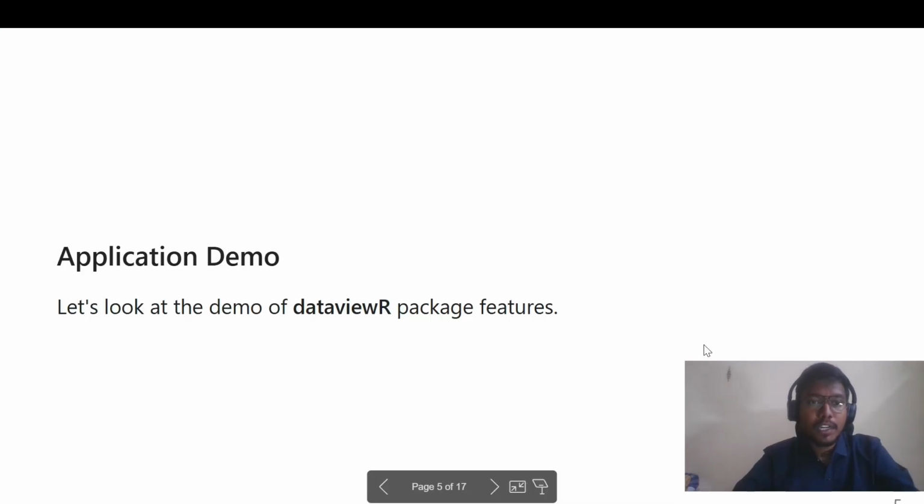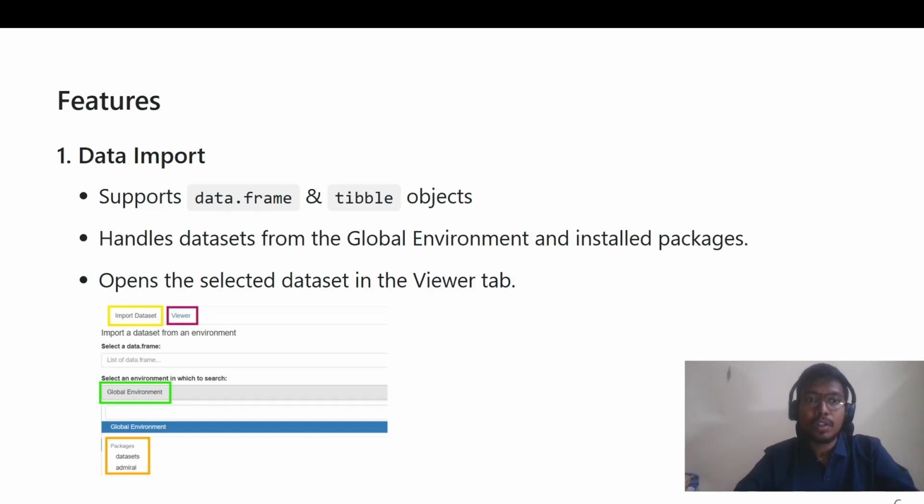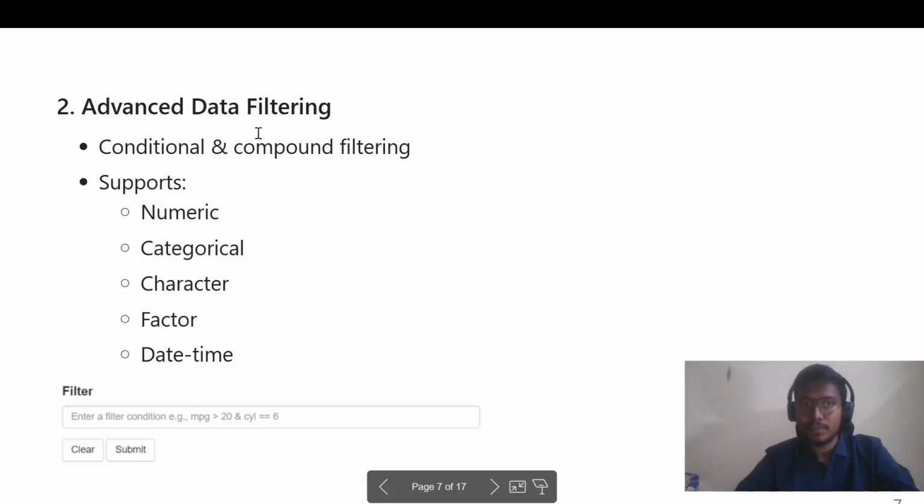So we have looked at the demo of our dataviewR package along with all the features. I've listed all the features which we discussed just now in a detailed manner in this slide deck. We have already seen this data import tab and the advanced filtering condition.